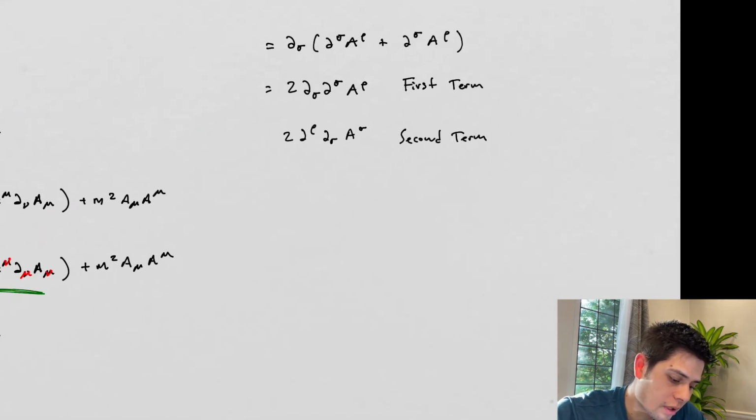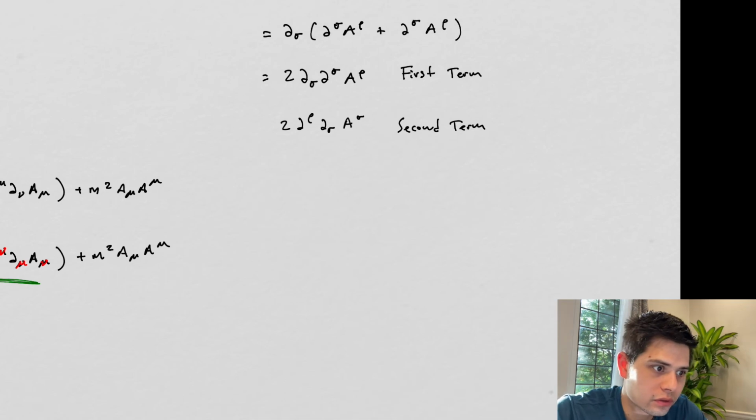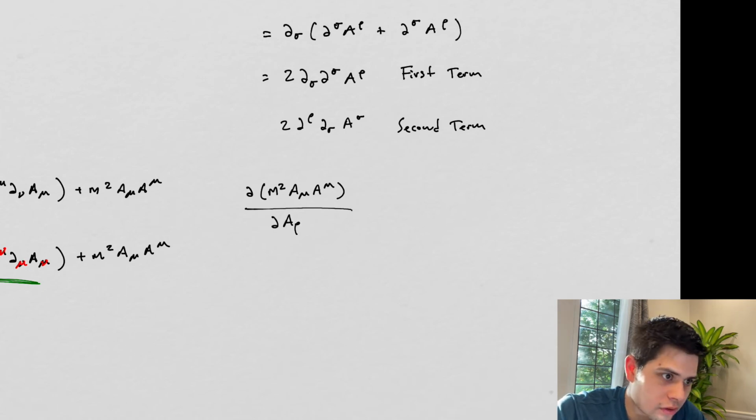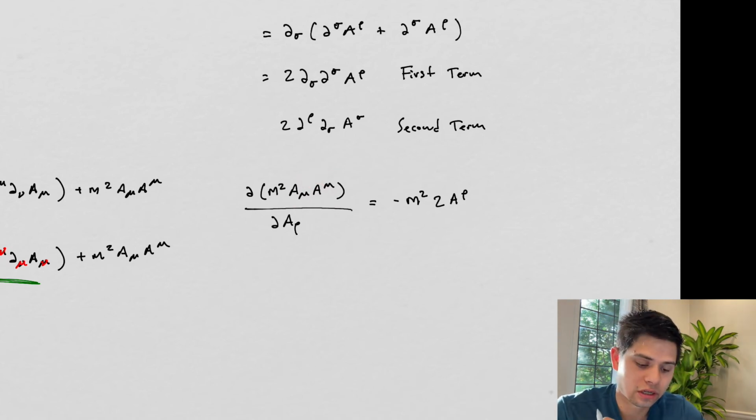And so what that becomes is the derivative of m squared a mu, our potential term, with respect to dA rho. Well, this is just minus m squared times 2a rho, because this is essentially a squared, but we need to take into account the change in sign with the Minkowski metric.